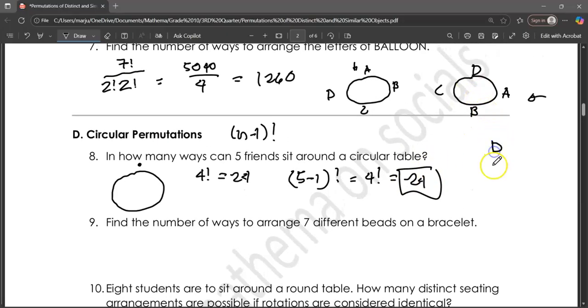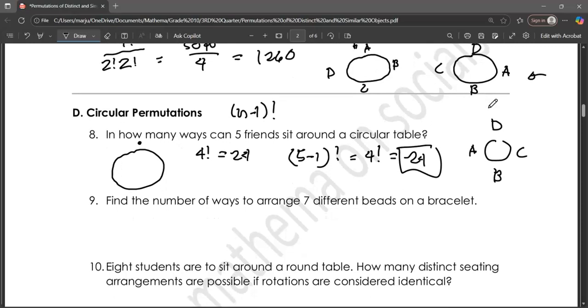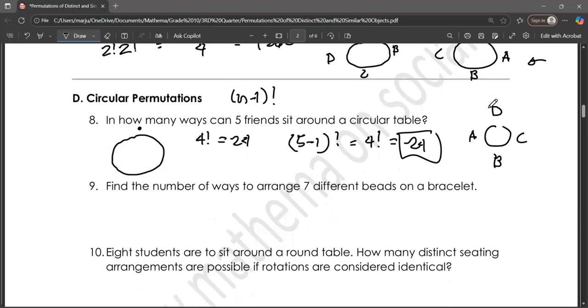This becomes D and still B. But since I'm flipping it, this becomes A and this becomes C. So again, these two are just the same arrangement, right? So we are going to divide it by 2. So this is 7 minus 1 factorial, but since we are allowed to flip over, we divide it by 2. So this is now 720 divided by 2. That's 360. Yeah, that's correct. So number 9 is 360.